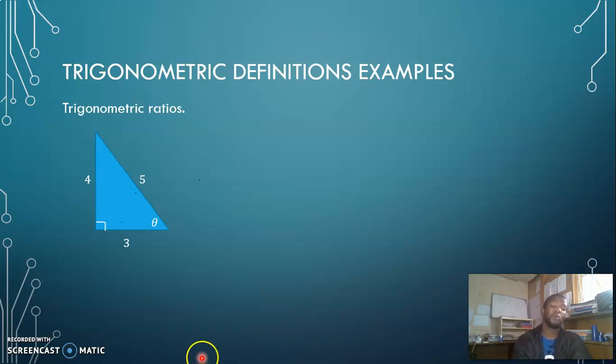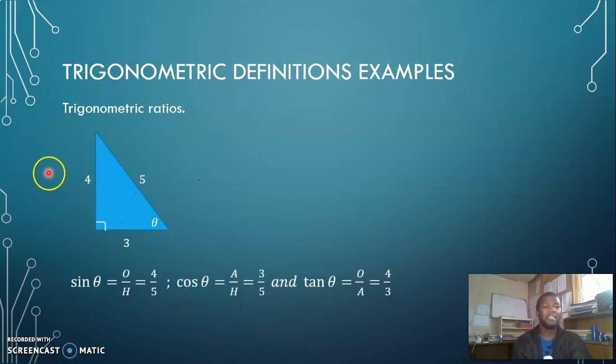We have this triangle, and we've got these numbers. When you look at sine theta, it's opposite over hypotenuse: the opposite number here is 4 and the hypotenuse is 5.